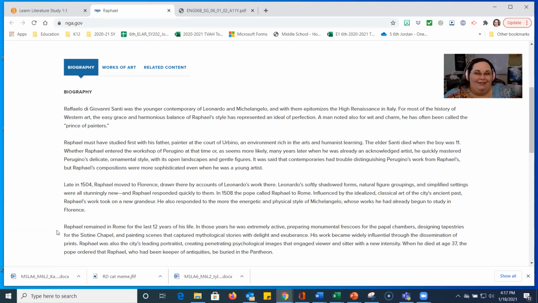Raphael was also the city's leading portraitist, creating penetrating psychological images that engaged viewer and sitter with a new intensity. When he died at the age of 37, the Pope ordered that Raphael, who had been keeper of antiquities, be buried in the Pantheon.